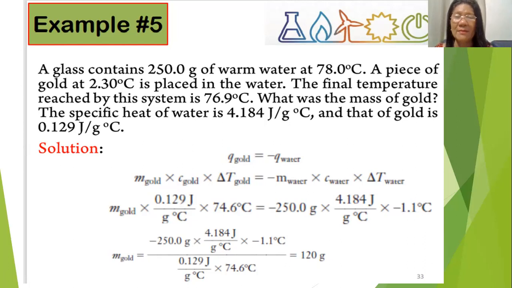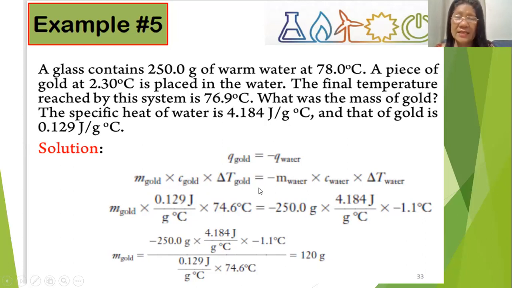So what will happen is that the heat of gold is equal to the heat of water, but it will be negative. Remember that, system? Okay. So the heat of gold is equal to the mass of gold times the specific heat of gold times the change in temperature of gold.